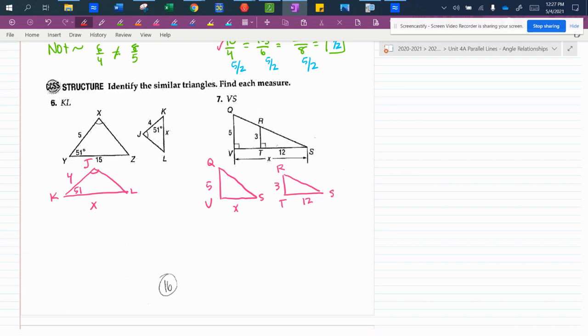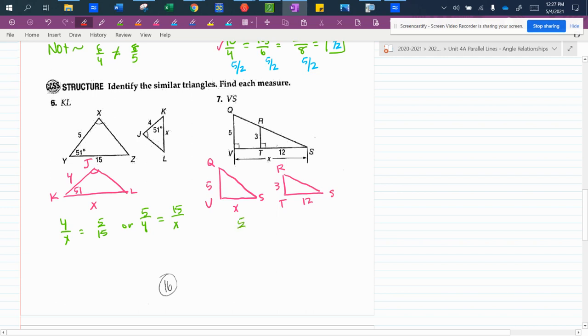Okay. So I can either set this up as 4 over x equals 5 over 15, or realizing that's going to be the same if I set it up as, and it doesn't matter if we put 5 on top, 5 over 4 equals 15 over x.